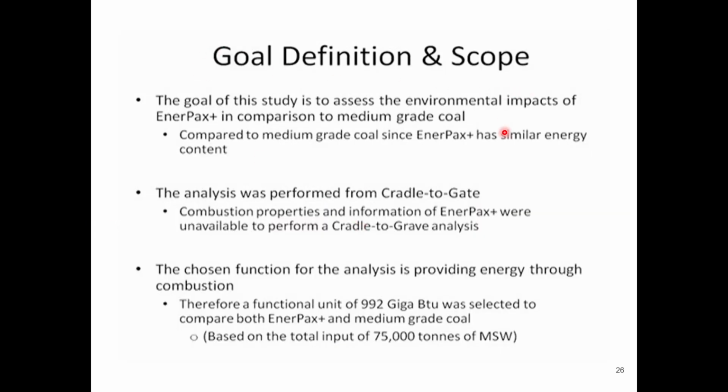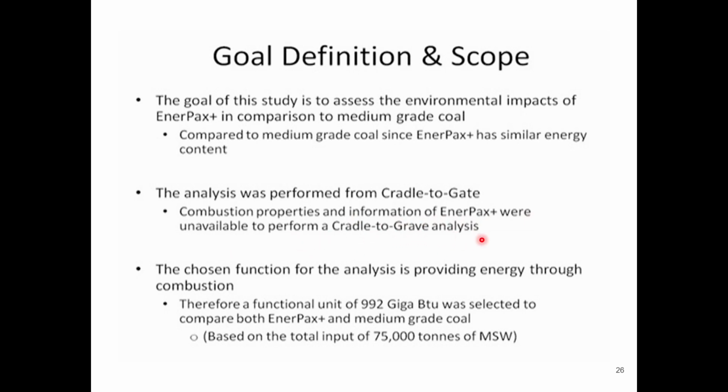So the goal, definition and scope in this case: the goal of this study is to assess the environmental impacts of NRPX Plus in comparison to medium grade coal. Since NRPX Plus has similar energy content to medium grade coal, the analysis was performed from cradle to gate. Okay, so why not cradle to grave? Because combustion properties and information of NRPX Plus were unavailable to perform a cradle to grave analysis.